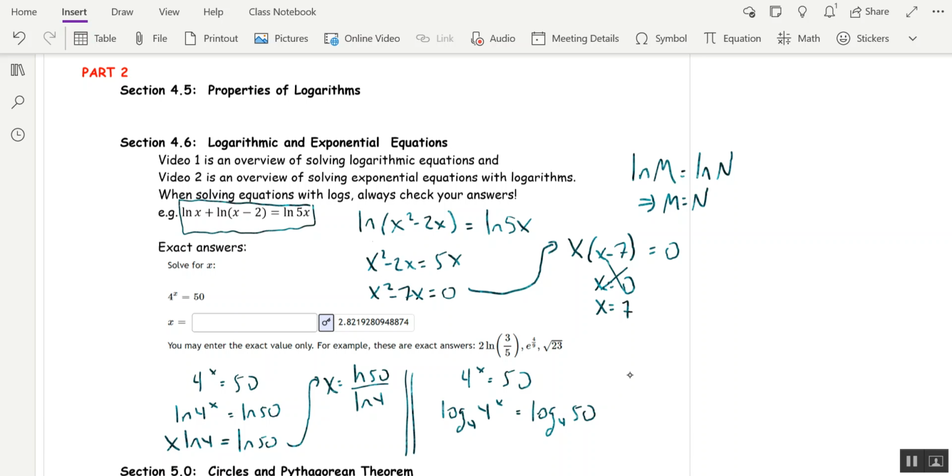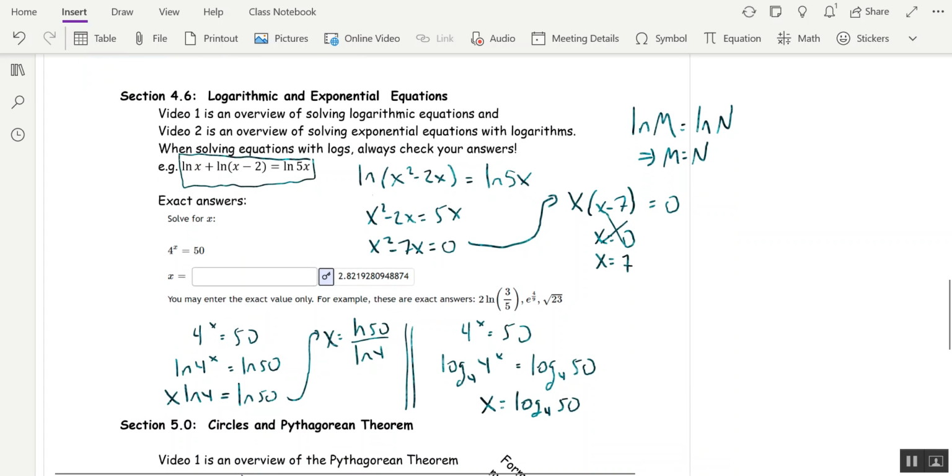And then log base 4 of 4 to the anything is anything, because those are inverse functions. So that gives us x is log base 4 of 50. Well, that's okay, but if you have to send a person to the moon and you need a decimal approximation, the first thing you're going to have to do is rewrite that in terms of natural log. So I prefer writing all my answers in terms of natural log.